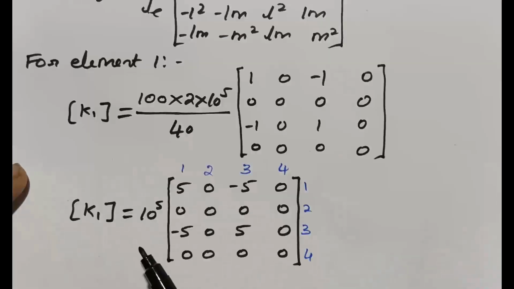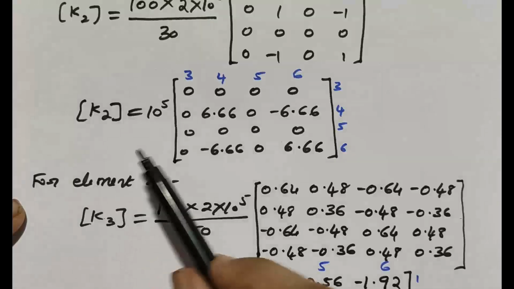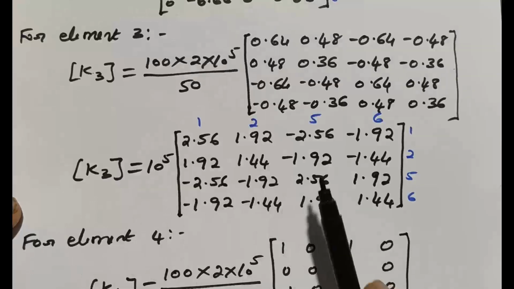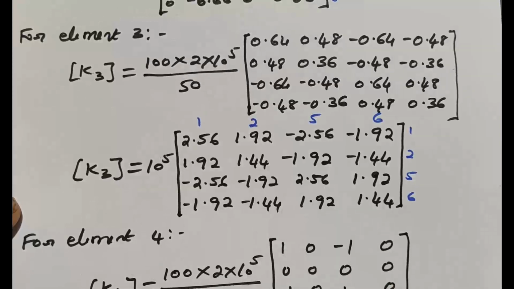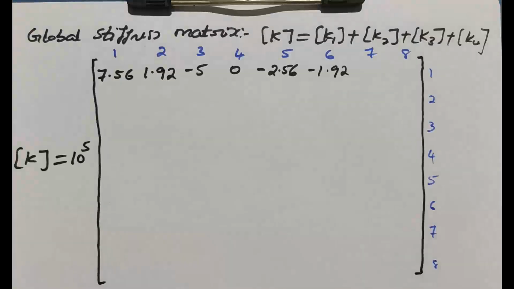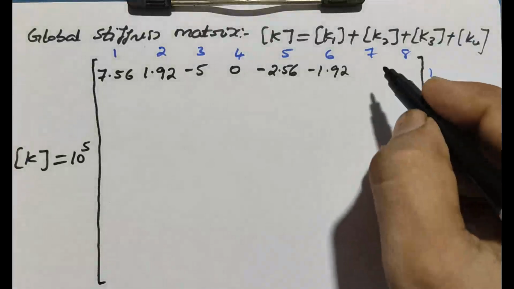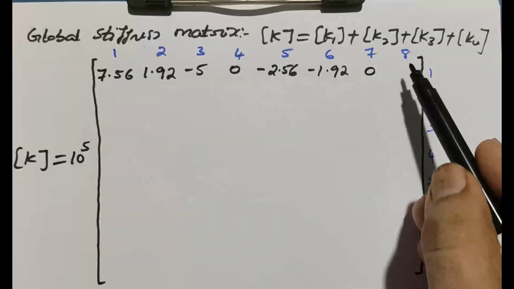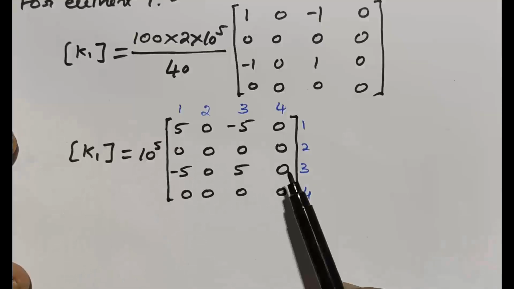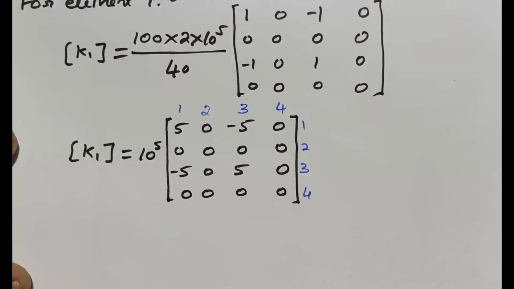In K1, K2, K3 and K4 we don't have any element corresponding to 7 and 1. Therefore element corresponding to 7 and 1 will be 0. Next element corresponding to 8 and 1. See in K1 we don't have any element corresponding to 8 and 1.